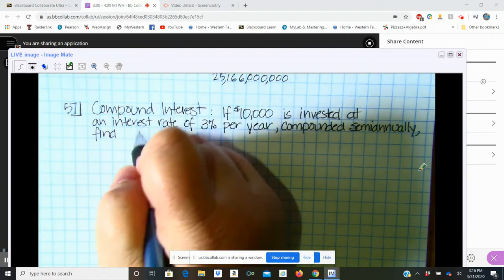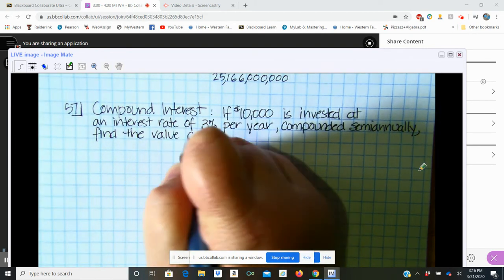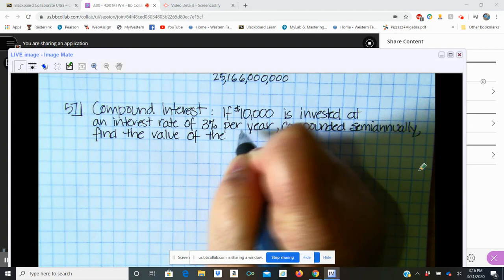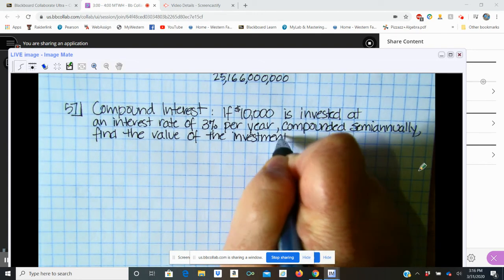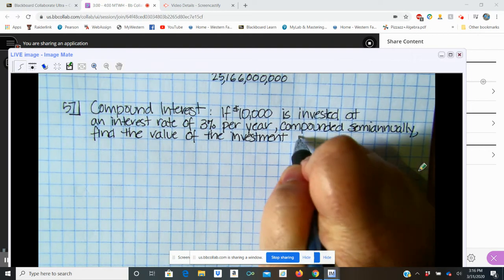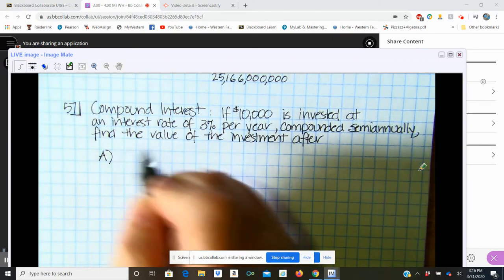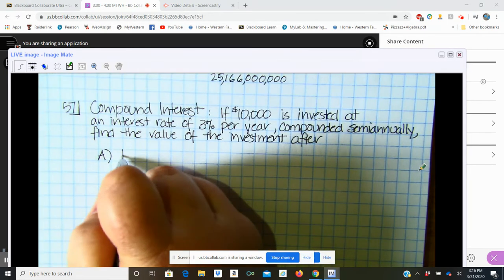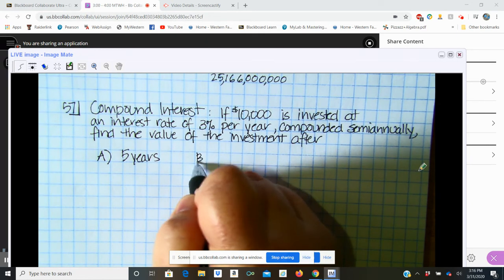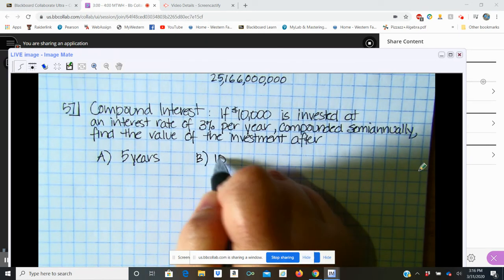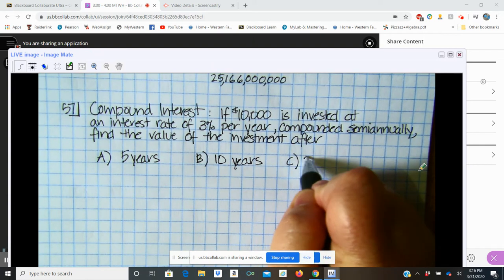Find the value of the investment after. Then there are 3 parts. Part A says 5 years. Part B says 10 years. And part C says 20 years.